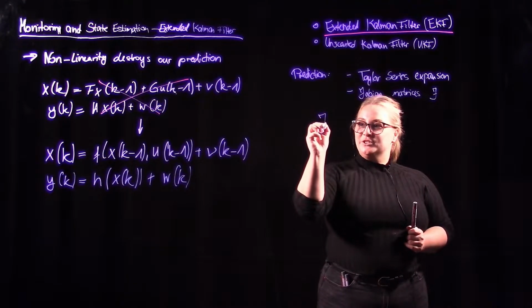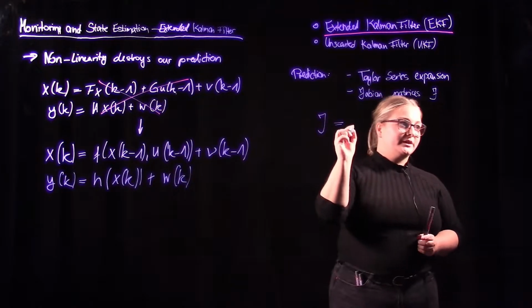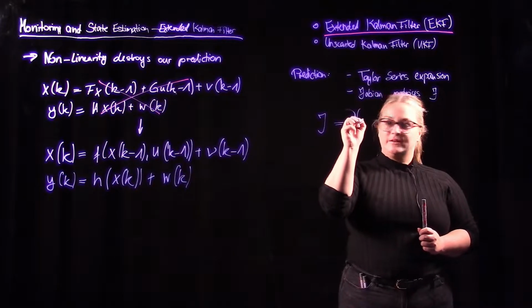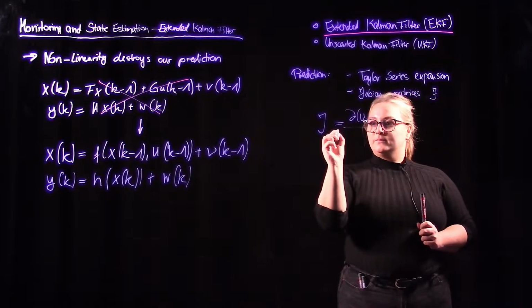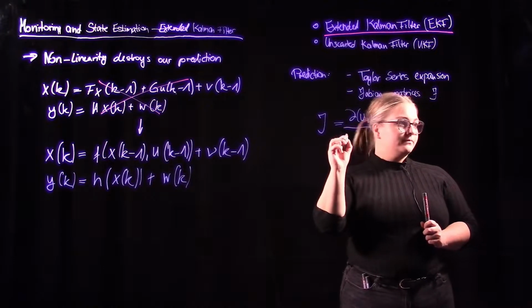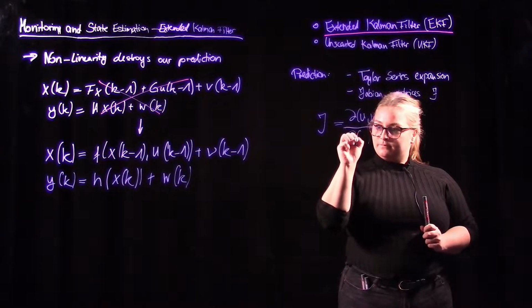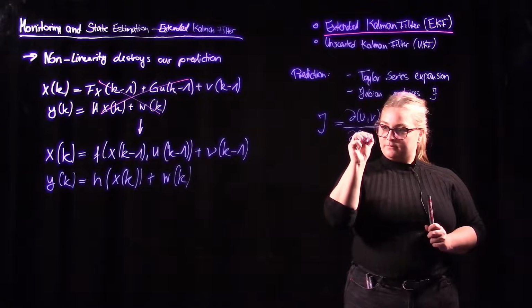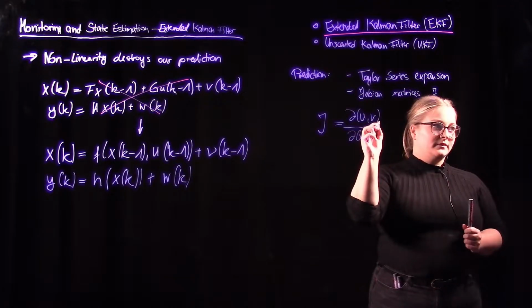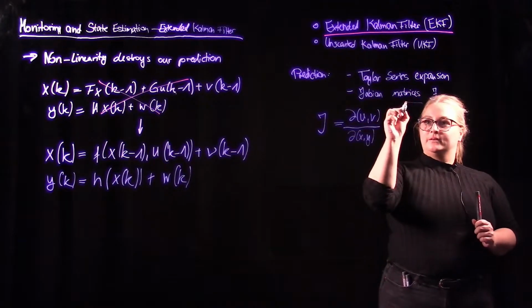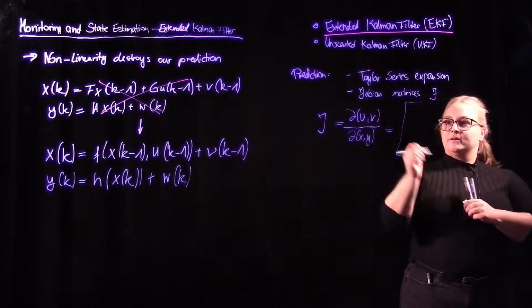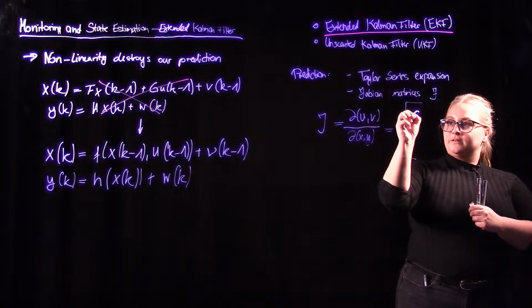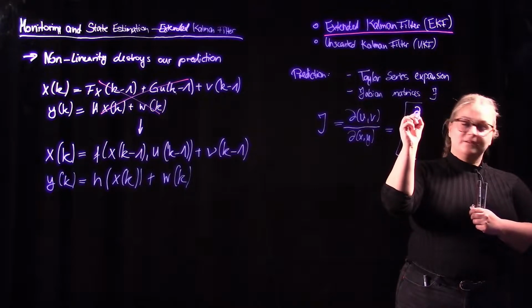The Jacobian J we can define as the matrix of partial derivatives.